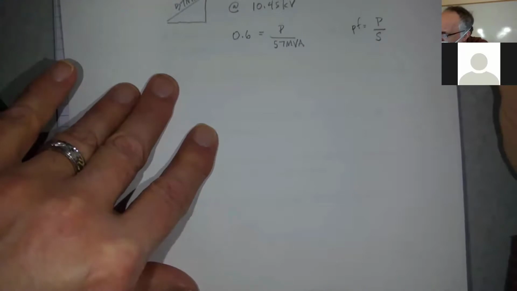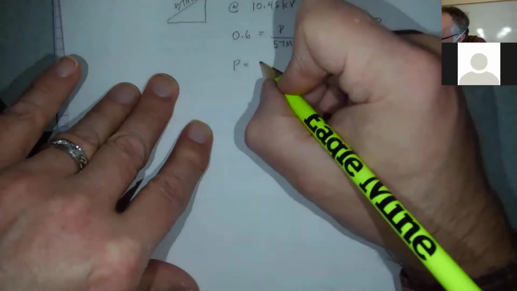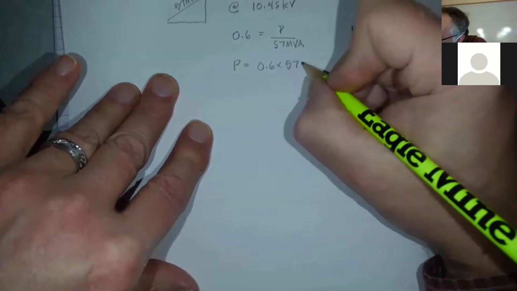Okay. So solving for P, we have P equals 0.6 times 57 MVA.